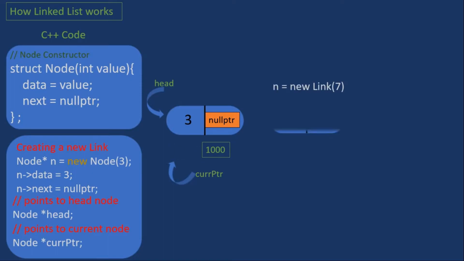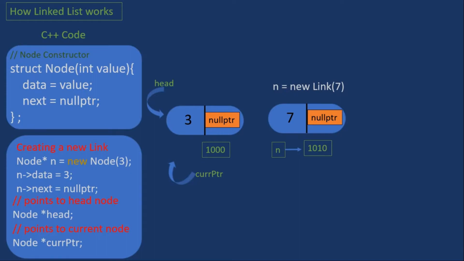Keep this in mind, as we will need it in just a second. Okay, let's create a new node and store the number 7. And just like the first node, the n pointer points to the location of this node, which is now 1010, and set the values just like we did before.